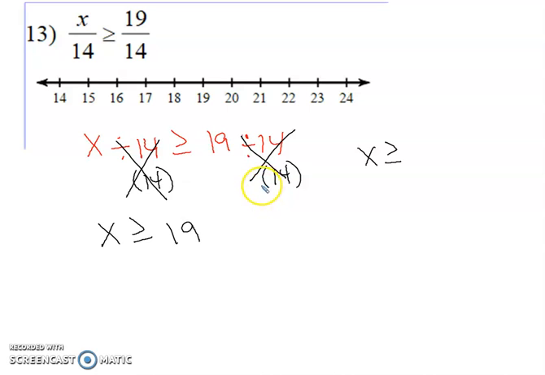I realize this is super easy mental math, but if we don't start writing the steps, you will make errors. So I can graph this way because I have variable, symbol, number. It's a closed circle, and I can follow the direction of my arrow.